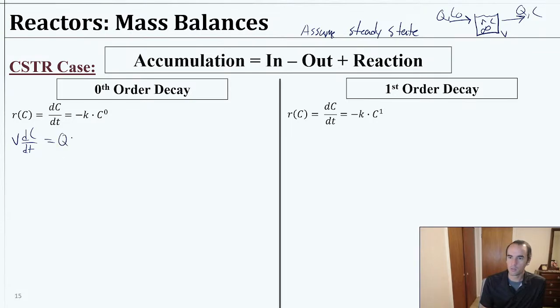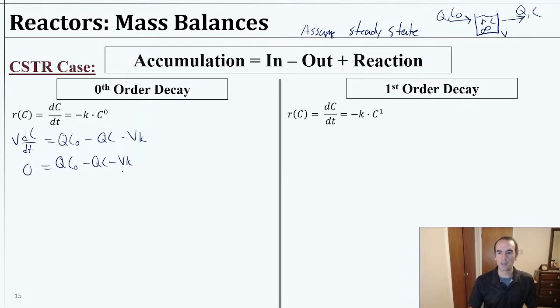So we'll have QC0 minus QC minus, in this volume, k times C to the 0 power is just 1. So we're going to get rid of that. Okay, we assumed steady state, so that means this is going to be 0. So this will be QC0 minus QC minus Vk.